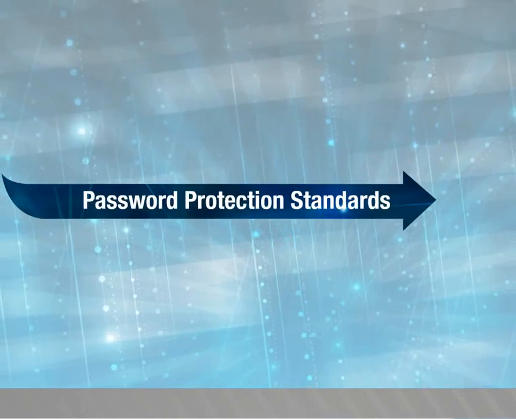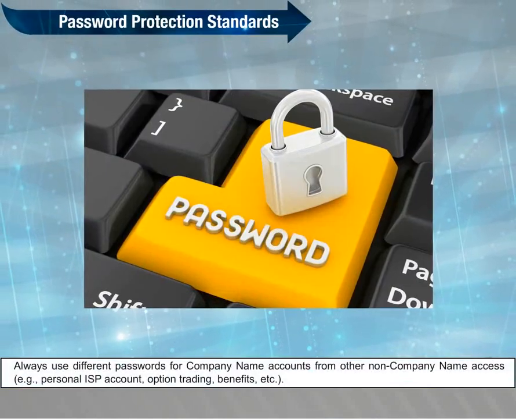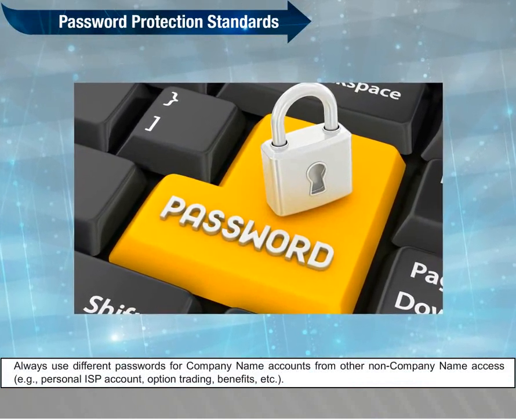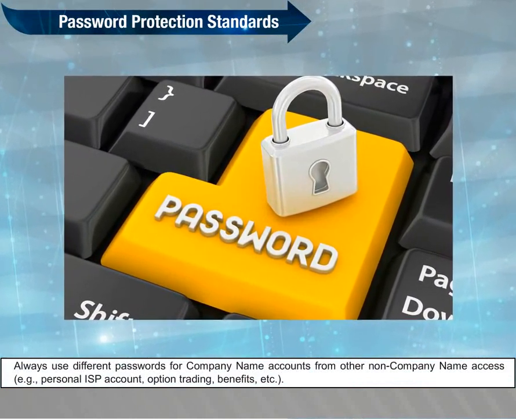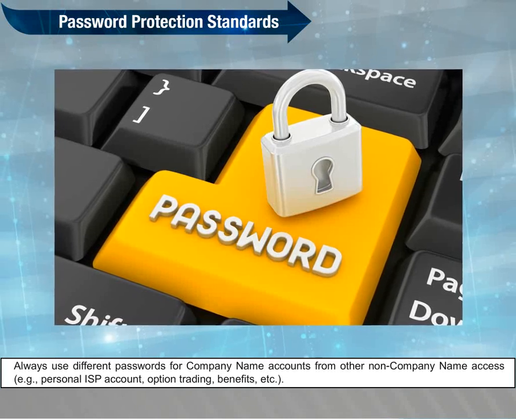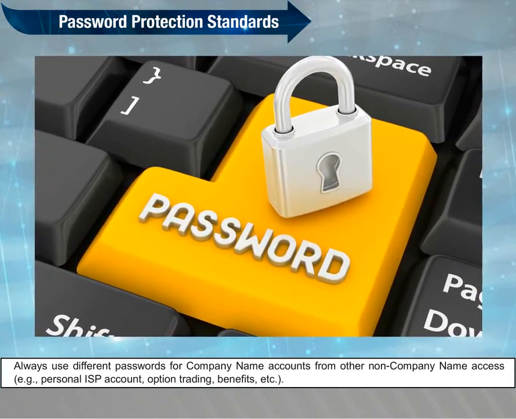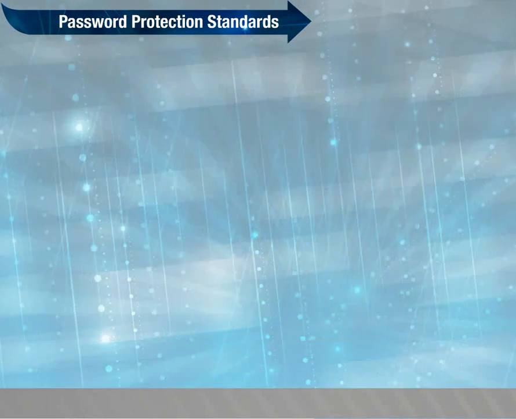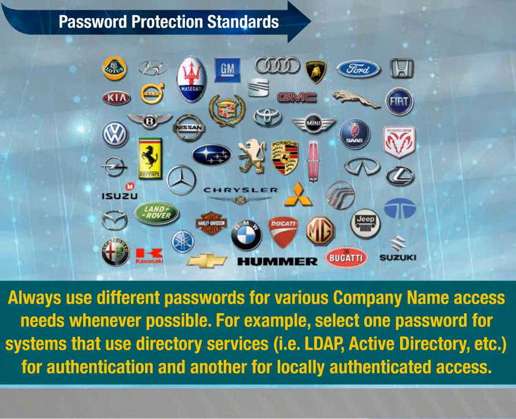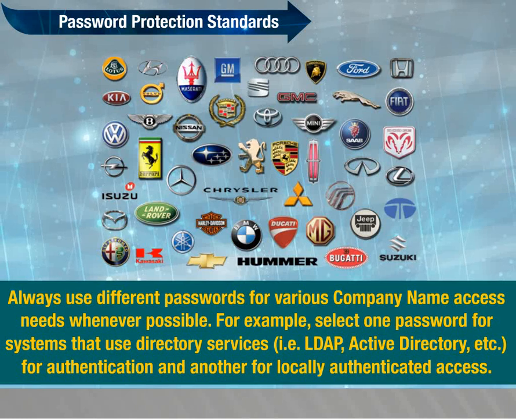Password protection standards. Always use different passwords for company name accounts from other non-company name access, for example personal ISP account, option trading, benefits, etc. Always use different passwords for various company name access needs whenever possible.